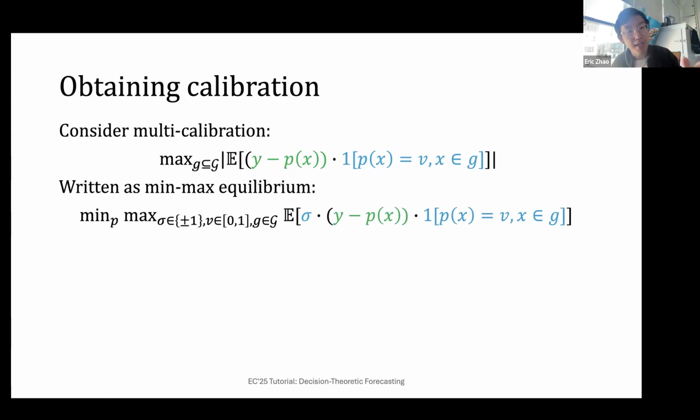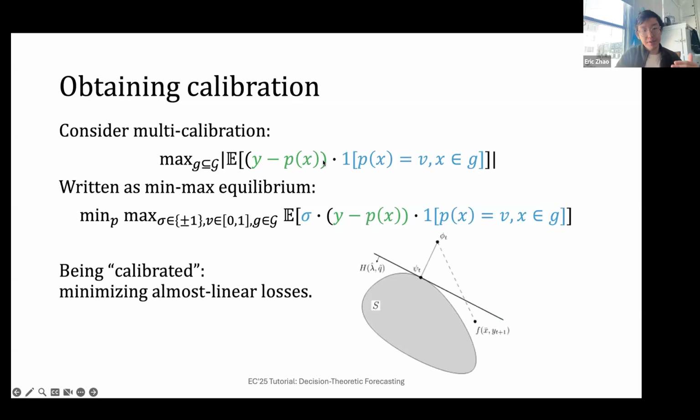I can rewrite this multi-calibration loss in terms of three variables. The first variable is G, which tells me what subset of the domain I'm interested in. The second variable is V, which tells me what level set I'm interested in. And sigma here is just replacing the role of the absolute value. It's telling me whether I'm over or underestimating.